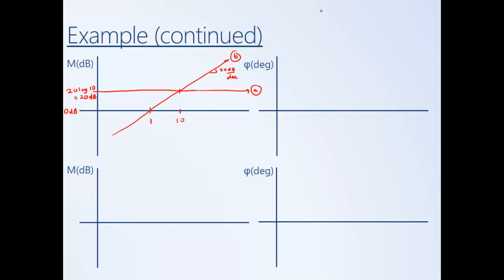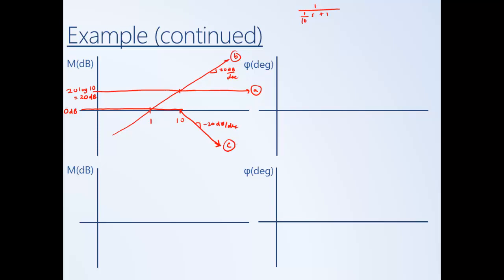Thinking back to what our simple pole looked like, this is t, and so 1 over t is equal to 10. So the Bode diagram of the simple pole is flat at 0 dBs, and then at 10 radians per second, we break downwards at minus 20 dBs per decade. So that is component C.